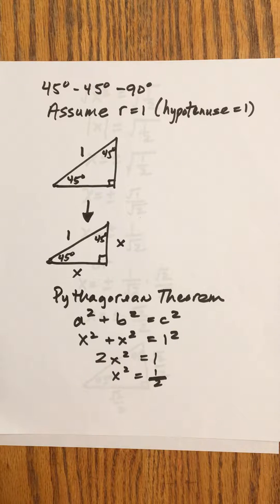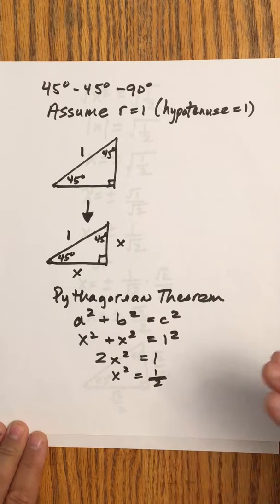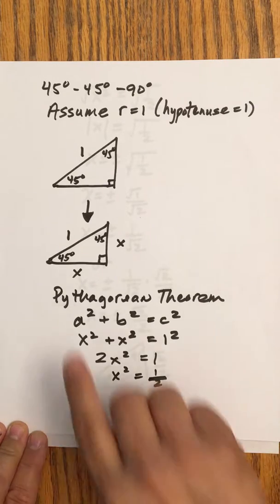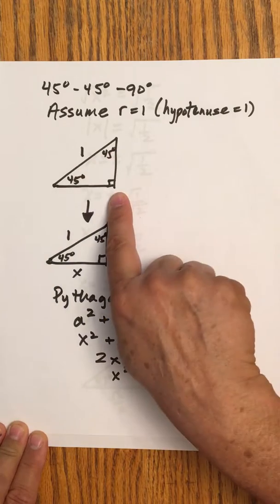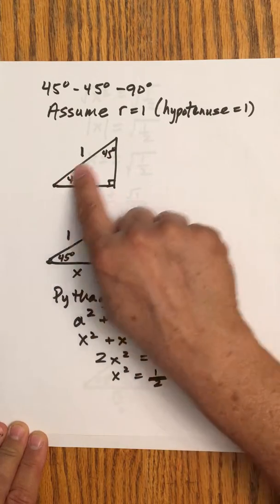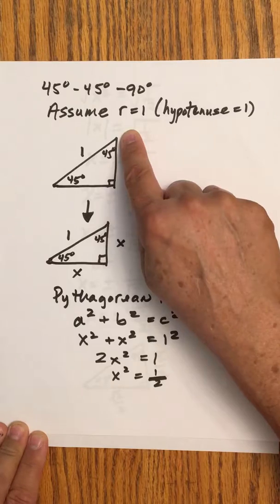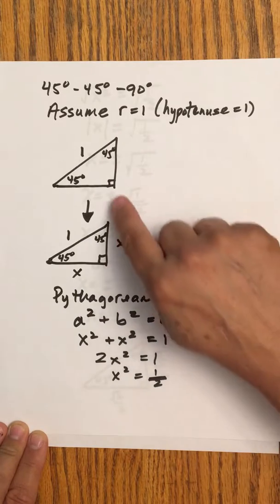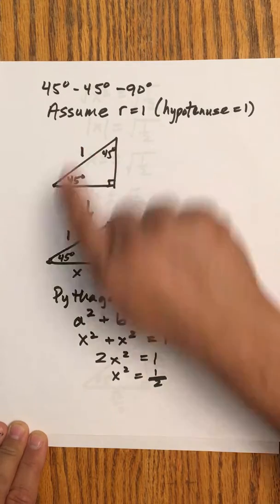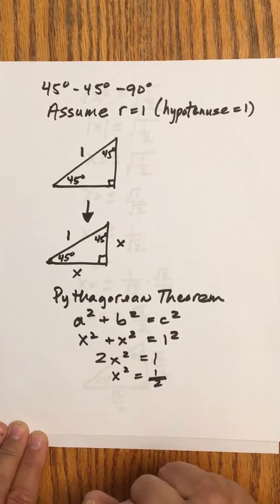Now, in another video, I have what I call the derivation of the lengths of the 45, 45, 90, and then later the 30, 60, 90 triangle in more detail in another video. So here I've got it written out and we're going to go through it. But essentially you start out and you say, well, let's assume I have a 45, 45, 90 right triangle where the hypotenuse, which will end up being the radius, which is always across from the 90-degree angle, is a length of 1.